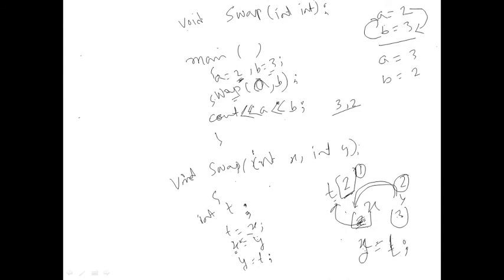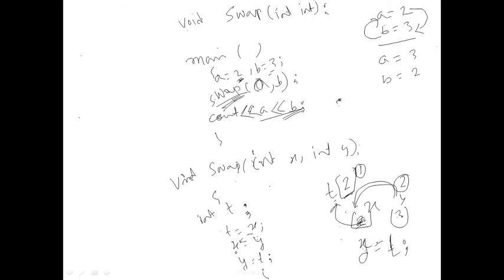It is not related to function calling by reference. The reference part will come now. So when you are doing that, interchange is over, so you are getting the interchanged value. But if you print here, it will not be interchanged. You called the swap function, but this will not be interchanged.